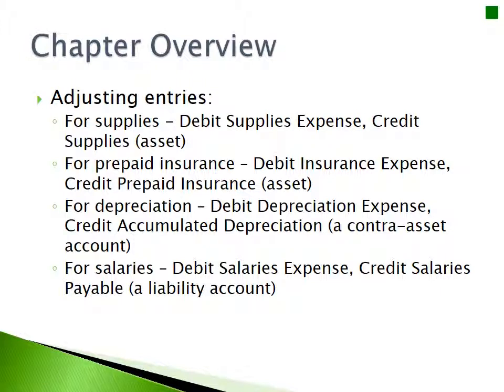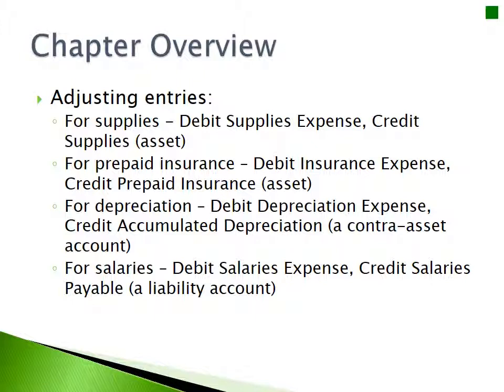The adjusting entry for supplies used results in a debit to office supplies expense and a credit to office supplies. The adjusting entry for expired insurance results in a debit to insurance expense and a credit to prepaid insurance.